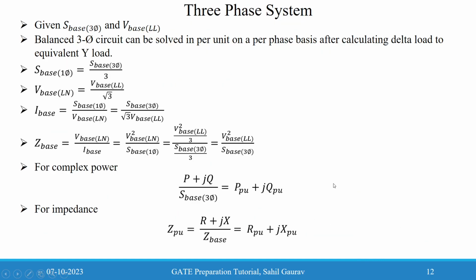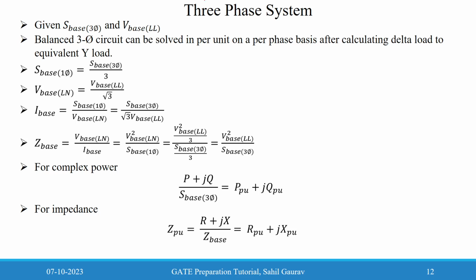So now we can move to the next part, the three-phase system. This is very important. Single phase system we have seen. Now we are going to see the three-phase system. Generally in a three-phase system, the base apparent power is always given as three-phase power, and the base voltage is given as the line-to-line voltage. It is not given as single phase power or phase voltage.